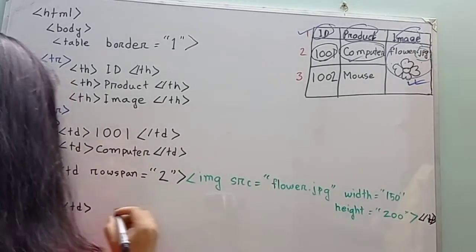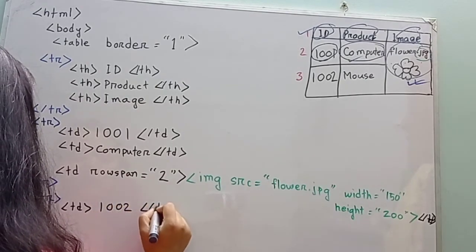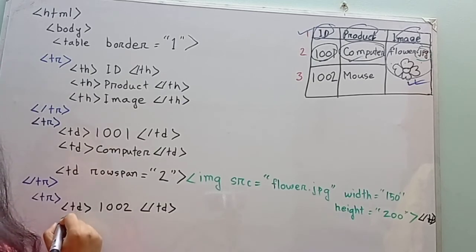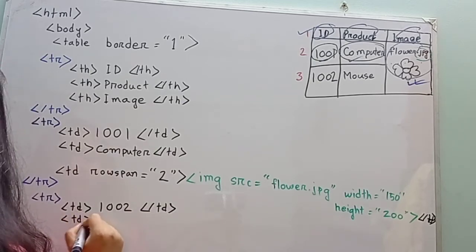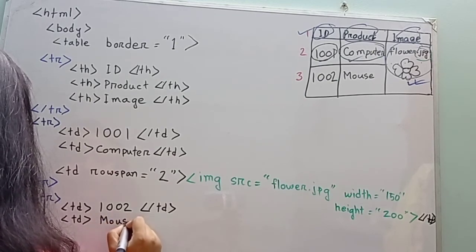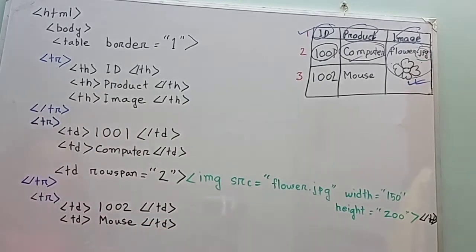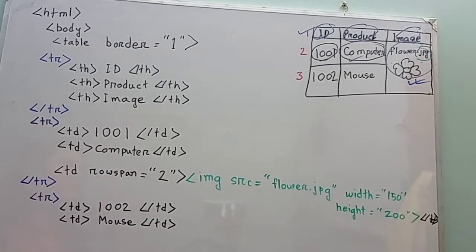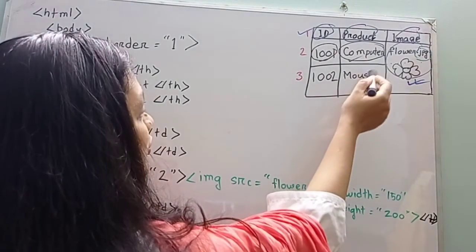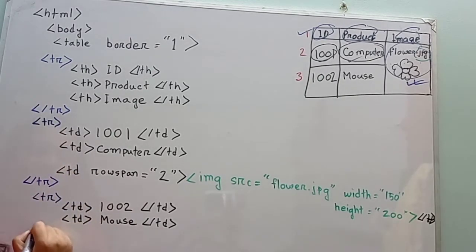The first data is 1002, then td close. The next one is td, mouse, then td close. So I have finished the info of this row also, so I have to close the row also, with the closing tag of tr.